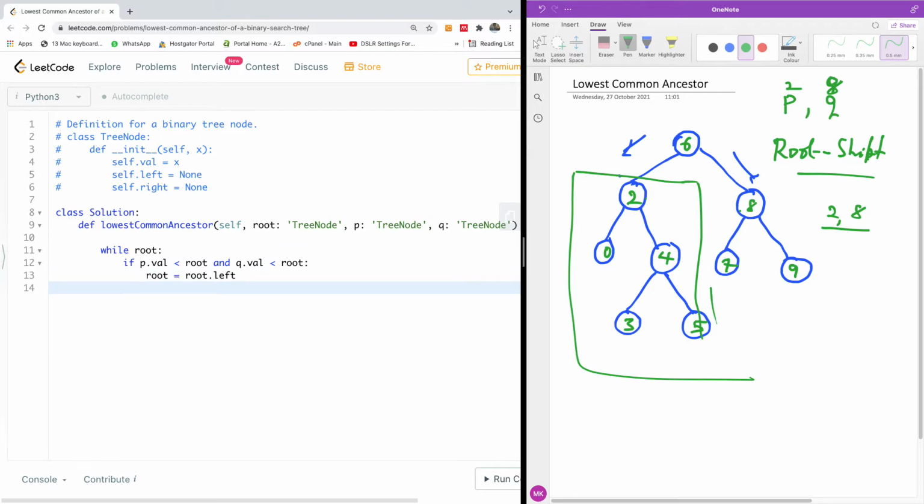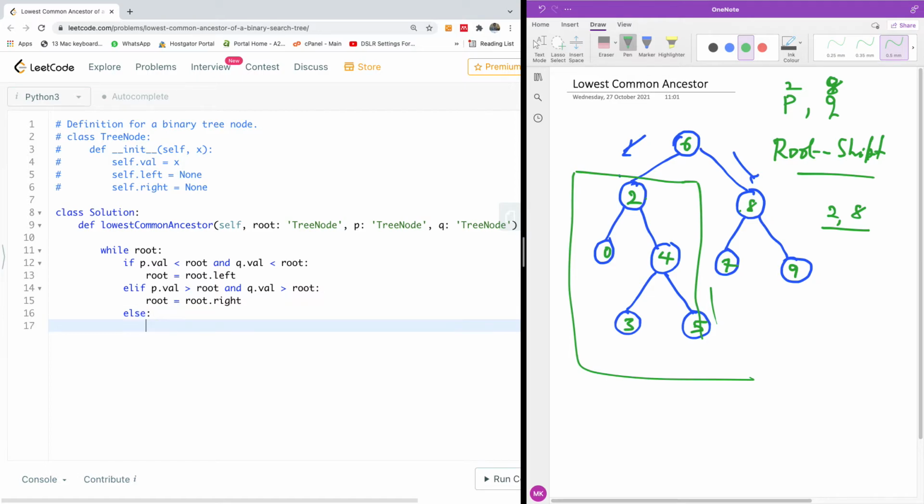The other way around, if p.val is greater than root.val and q.val is greater than root.val, we are going to say root equals root.right. At this point, if these two do not hold, we can use elif here, and then else.